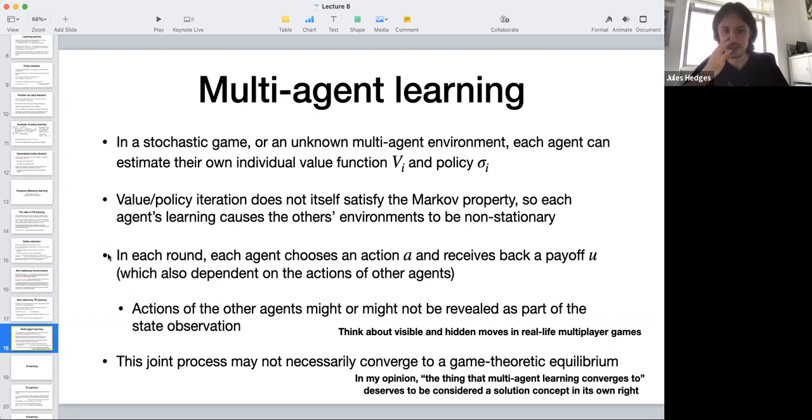There are some variants of this. For example, the actions that each agent just took in the previous round might be revealed as part of the observation in the next round, or they might not be. If you think about real life games, both examples exist. Say you're playing chess or Go, you always know what your opponent just did. Whereas if you're playing StarCraft, the complete state of your opponent's move may not be immediately known, although some of it might be known to you if they're right next to you.